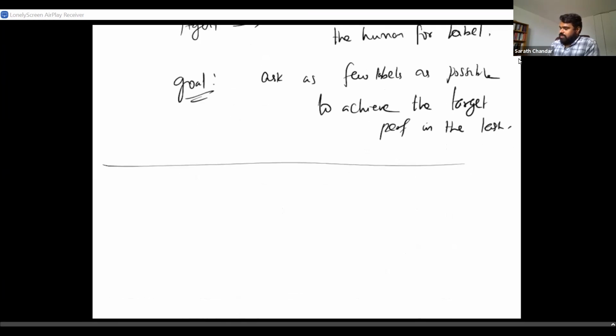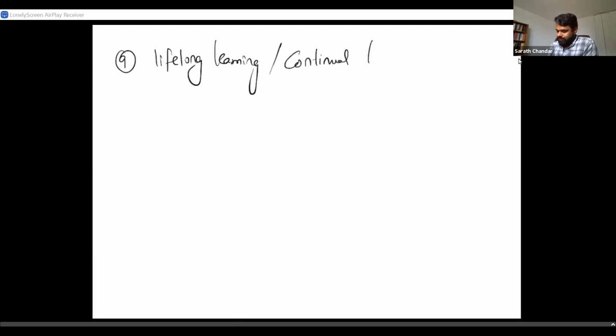Okay, then let's move to the next learning paradigm, which is the idea of lifelong learning. It has several names in the field. It is sometimes called continual learning, or it is also known as never ending learning.